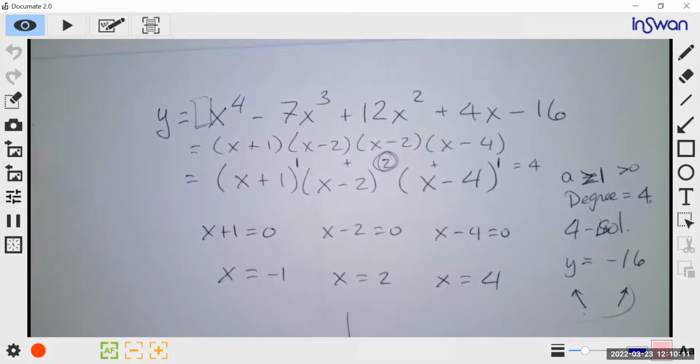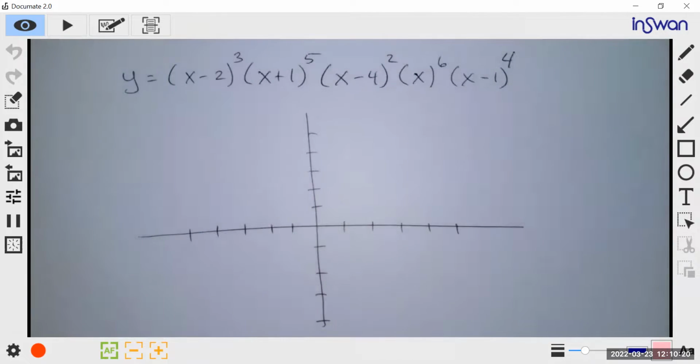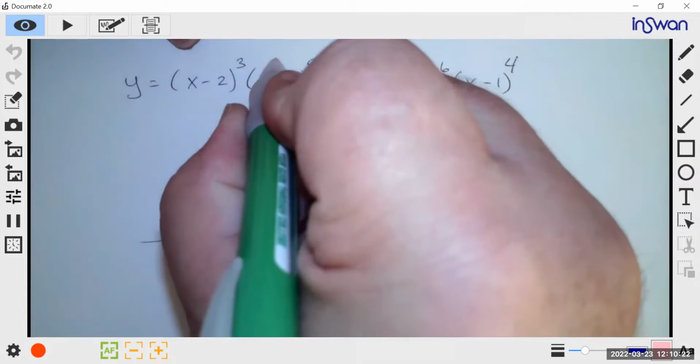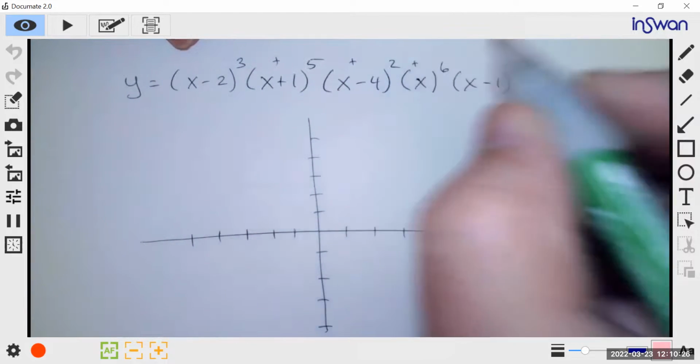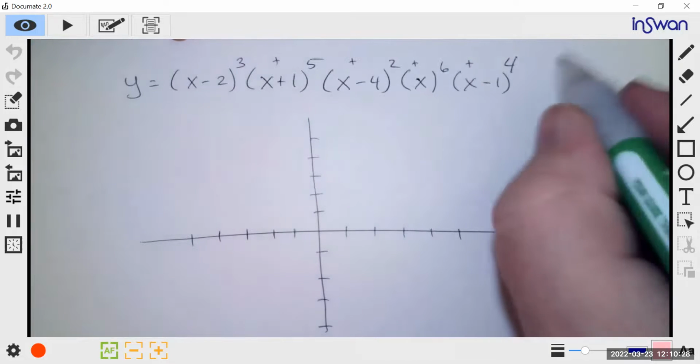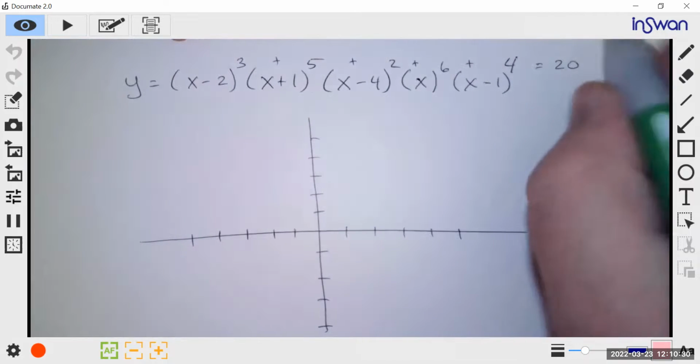If we add the exponents, the multiplicities, it gives us the degree. So in this example, we have 3 plus 5 is 8, plus 2 is 10, plus 6 is 16, plus 4 is 20. So that's the degree.